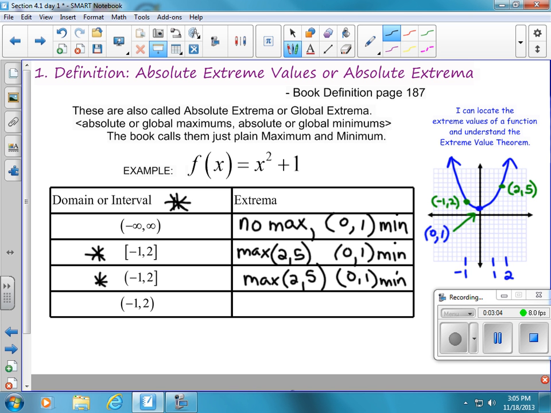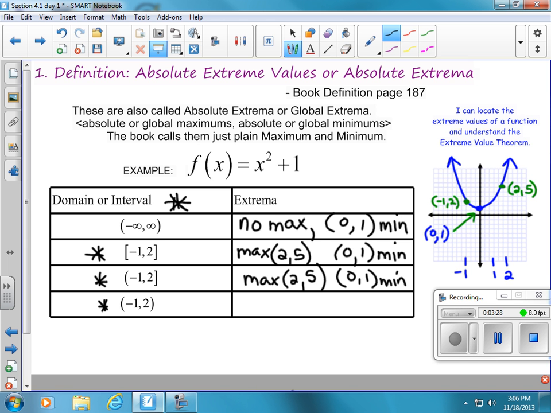Okay, so one last iteration of this. What if we take out the -1 part of the interval and we take out the 2 part of the interval? All right, we cannot tell what our maximum is right now because we have a hole there. And we cannot name that hole because we get closer and closer to it, and you can always squeak a little bit closer without being on it.